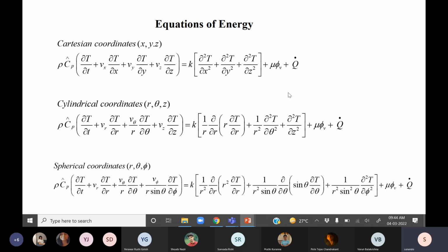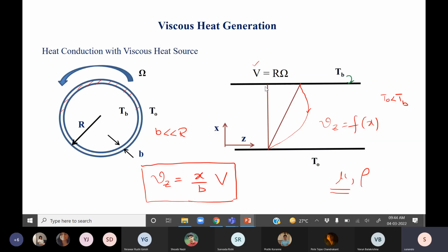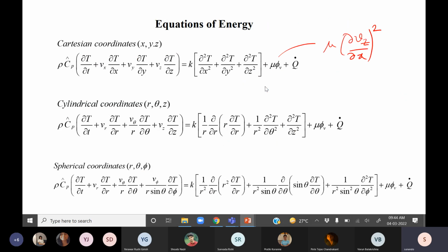The term that I have found is del Vz del x whole square. That's the additional term which is there in the governing equation.